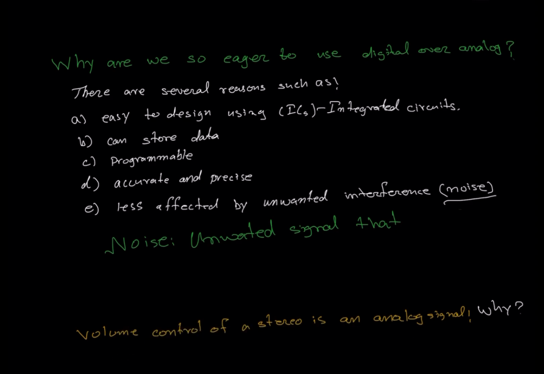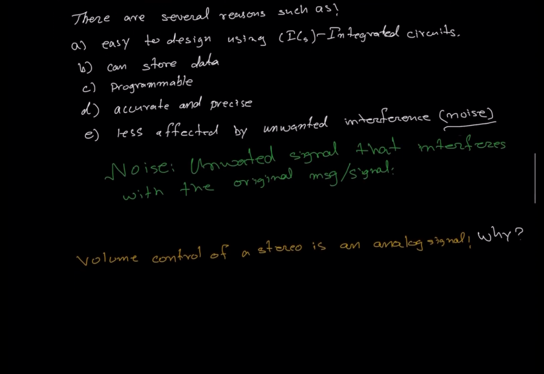A noise is unwanted signal that interferes with the original message or signal. So that is the definition of a noise. What is noise? A noise is unwanted signal that interferes with the original message or signal.